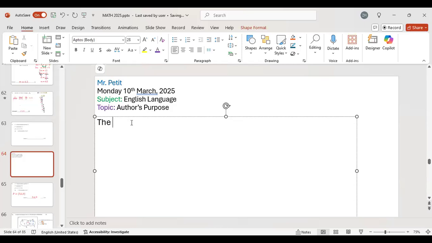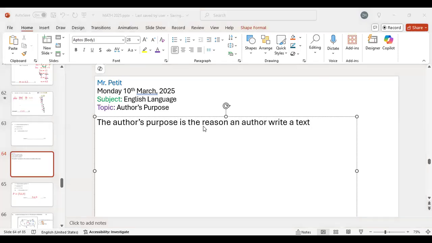So when we say the author's purpose, right? To discuss an idea. When we say the author's purpose, write this down, is the reason an author writes a text. That's what I mean by author's purpose. It's the reason why.